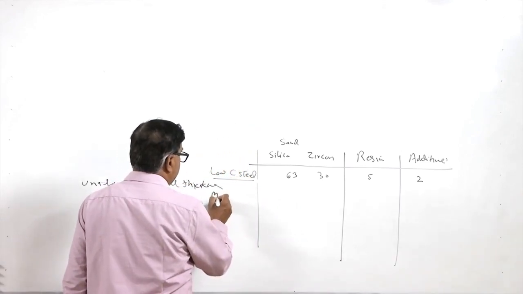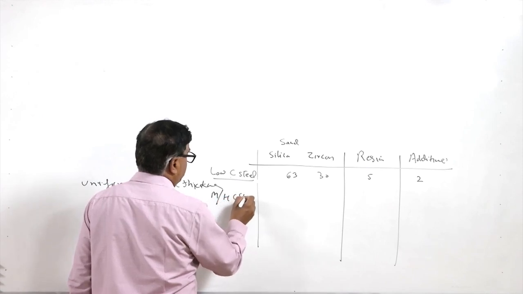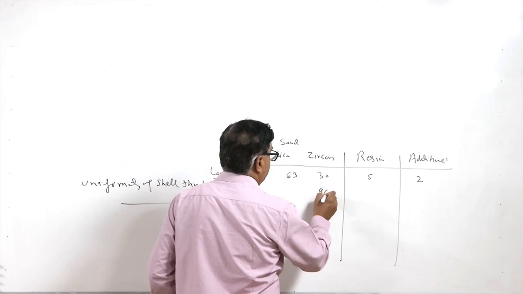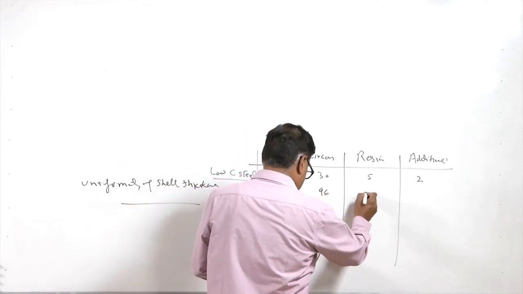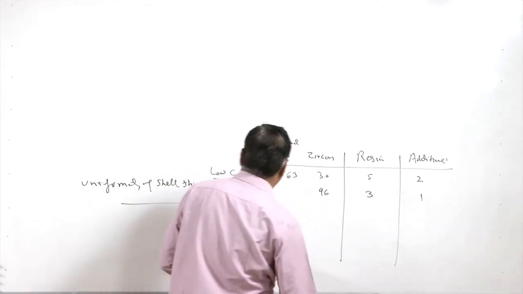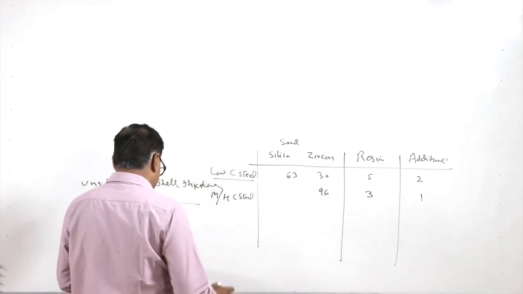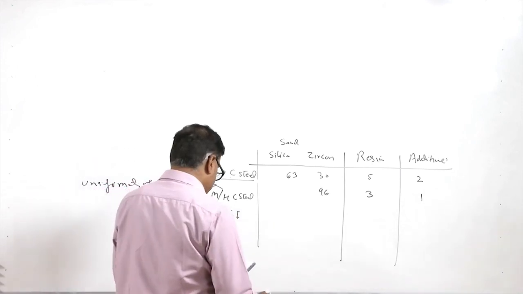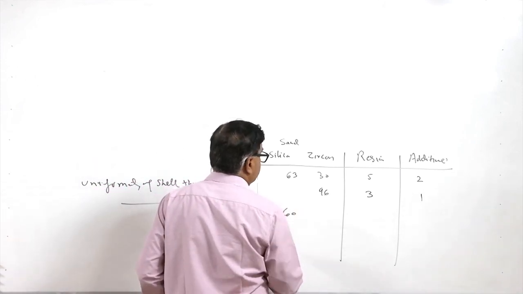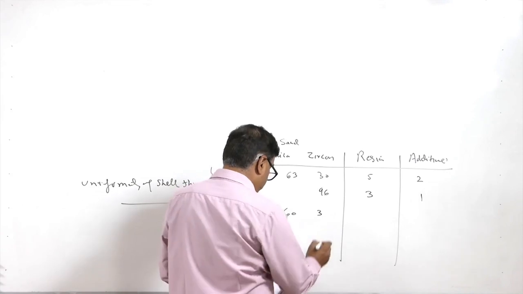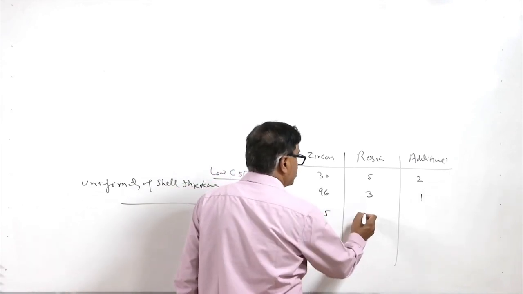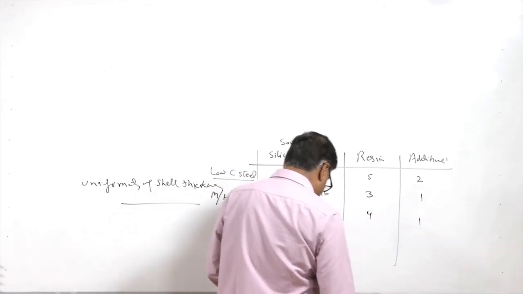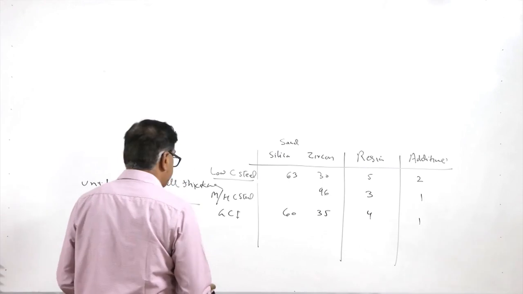While for the medium and high carbon steels, mostly zircon sand is used, 96%, and 3% resin and 1% additives. For grey cast iron, GCI, basically 60% silica sand, 35% zircon sand, 4% resins and 1% additives are used.